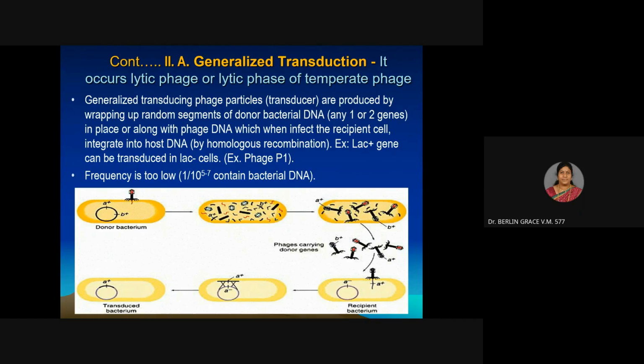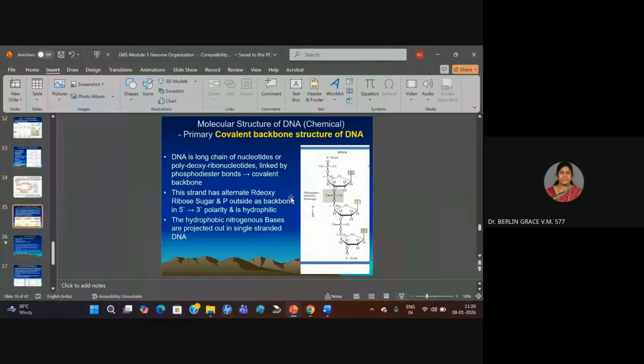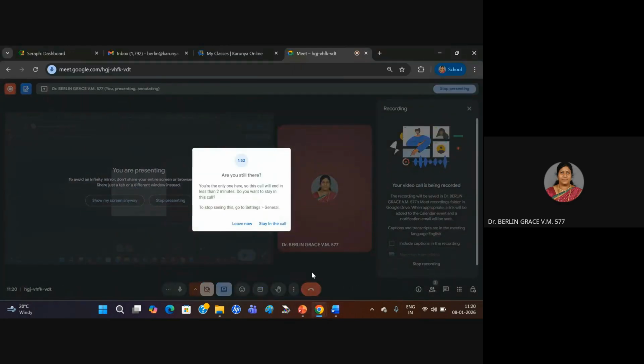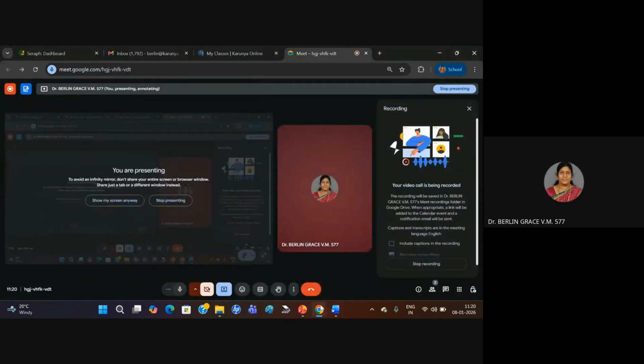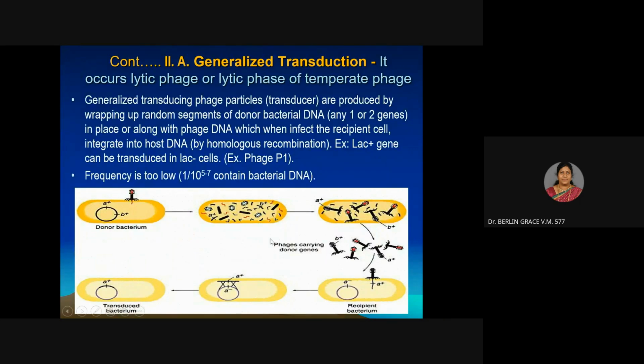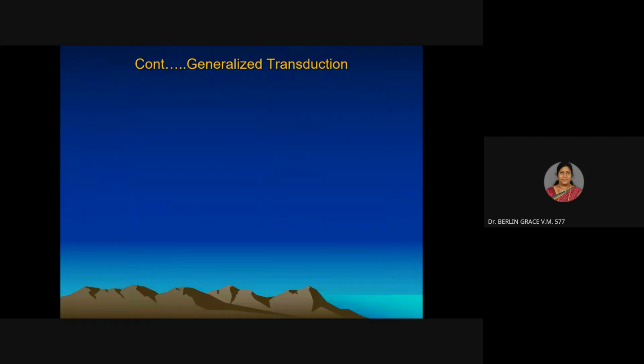If the pieces have the gene, that will be carried by some of the viruses, and that virus is called a generalized transducer. Then when it infects the recipient cell, it will leave the DNA and the exchange happens.